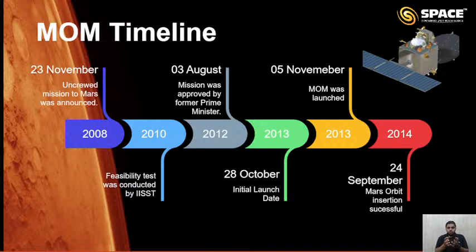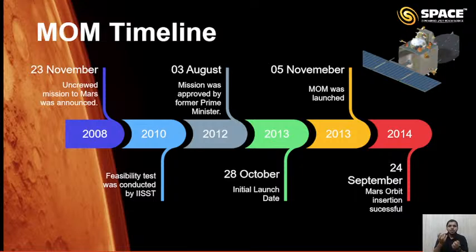The team started working on this mission from 2008. By 2010, a feasibility test was conducted by the Indian Institute of Space Science and Technology. What they check in this test is whether we have the technology to go to Mars or not, and what things need to be done.